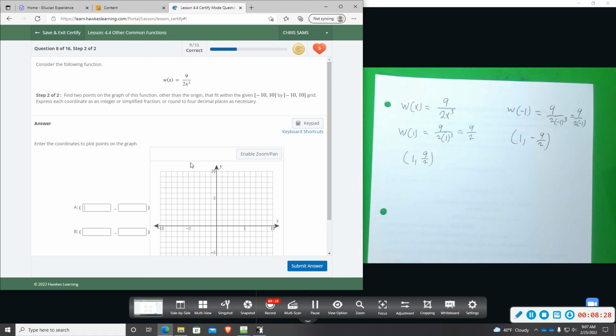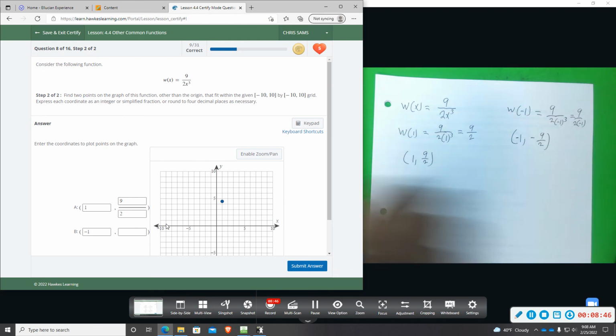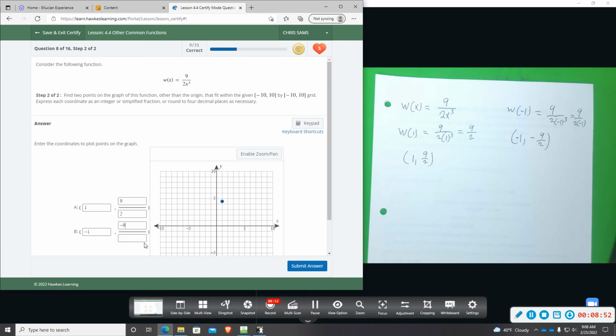Okay, so whatever you get for positive, you're going to get the opposite for negative. That helps. So 1 and then 9 over 2. And then negative 1. I didn't put the negative here. Gotta be careful there. I just wrote down 1. Negative 1 and negative 9 over 2.